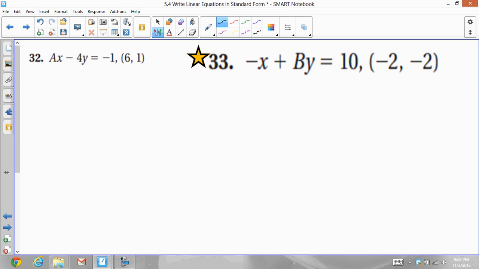Focus on question number 33, which is still the same kind of question. So negative x plus by equals 10. Replace your x by negative 2. Replace your y by negative 2.